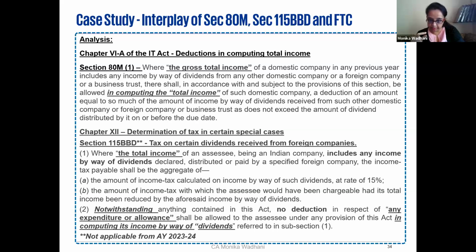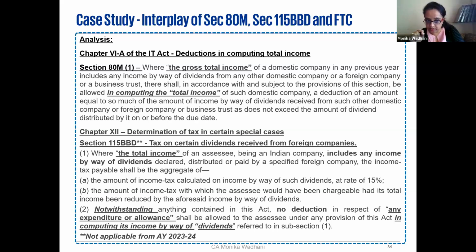Subsection 2 of 115BBD says that for computing dividend, which is a foreign dividend, you don't have to consider expenditure or allowances, which means that when you are computing foreign dividend income under the head IFOS, you don't have to consider certain expenditure allowances, which may be, for example, provided under section 57. Section 57 provides for certain expenses which you may have incurred in the context of dividend.